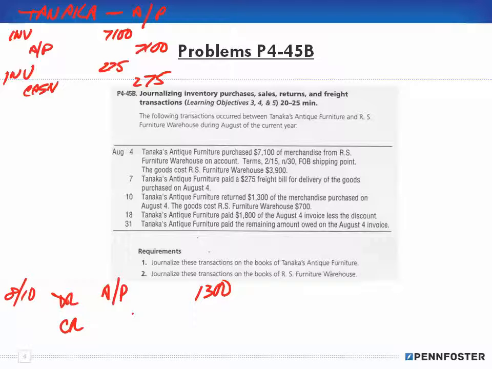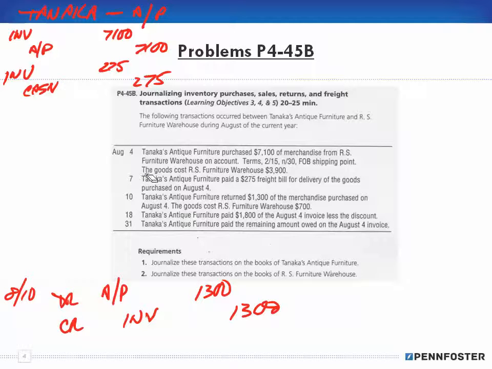Well, what am I going to credit? I'm returning what I originally purchased, and where did it go? It wasn't a purchase. My original entry wasn't to purchases, it was to inventory. So that's why I have to credit inventory for the 1,300, instead of purchase return allowance. I'm reversing the original entry.